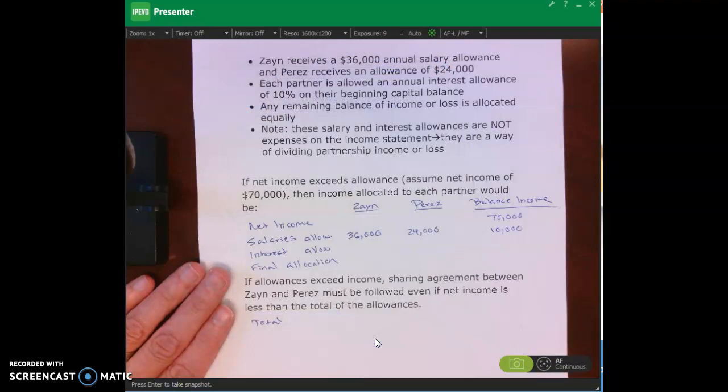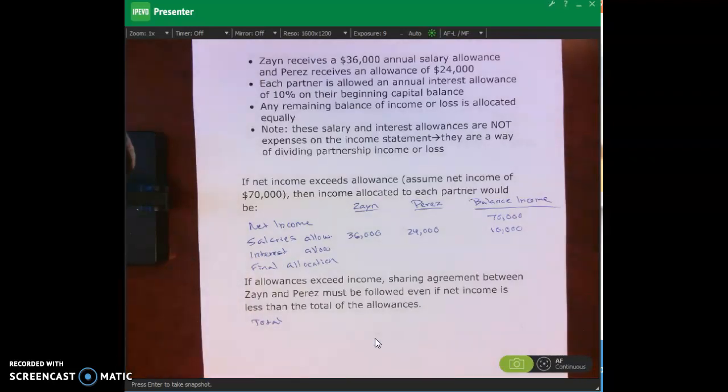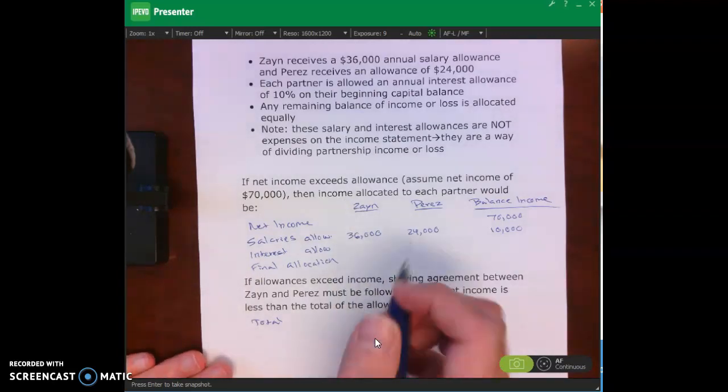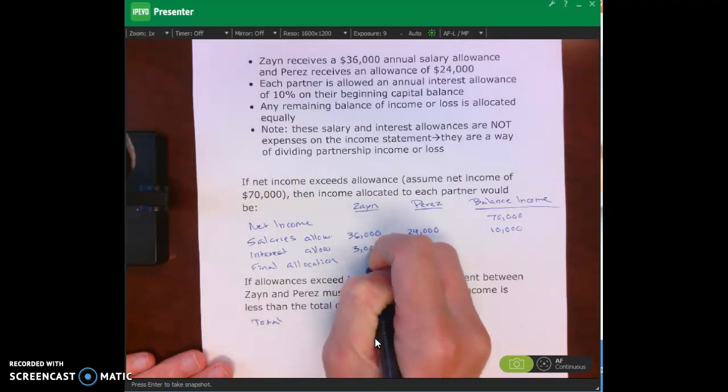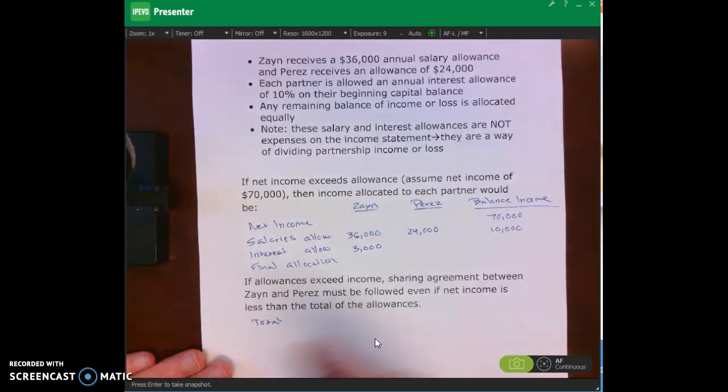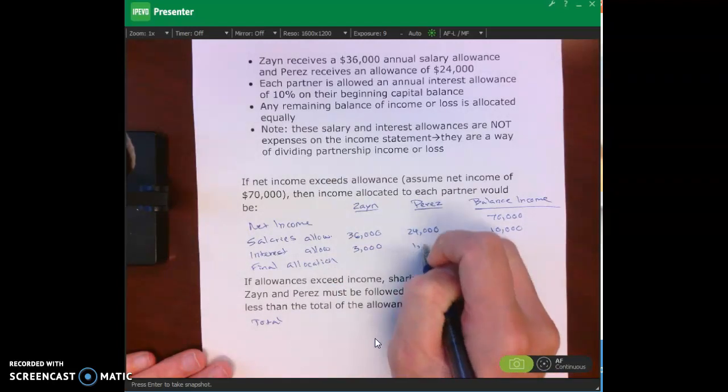Then we can take a 10% interest allowance on their beginning capital balances. Remember, the beginning balance in capital for Kayla was $30,000. That's when we credited capital for $30,000, and then we credited Hector's capital account for $10,000. So 10% of the $30,000 gives us $3,000, and 10% of the $10,000 gives us $1,000.